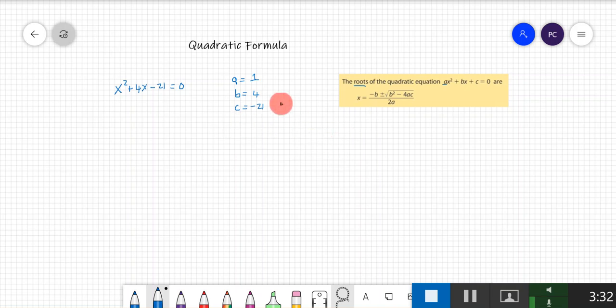We take our values that we've identified from the quadratic and we substitute them into the formula. So for example, what would that look like? It's going to be x is equal to minus b.